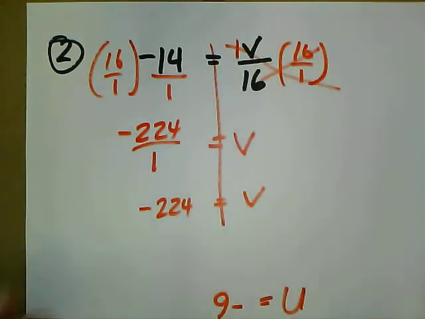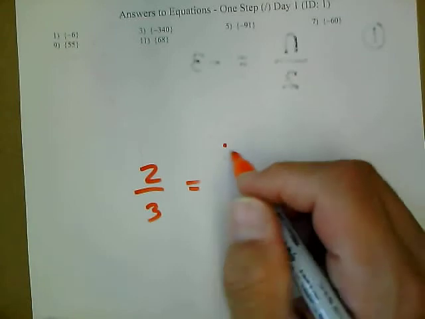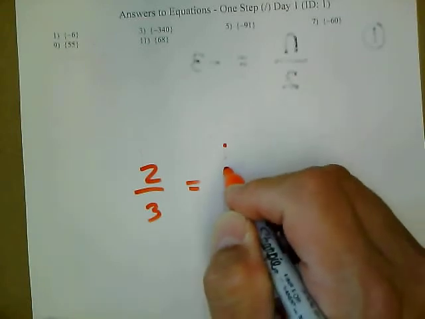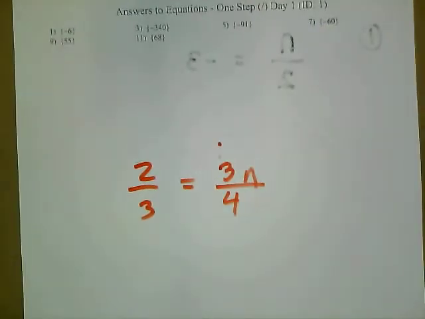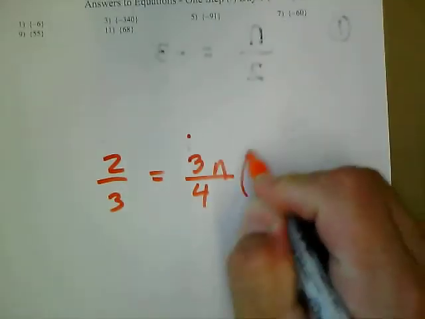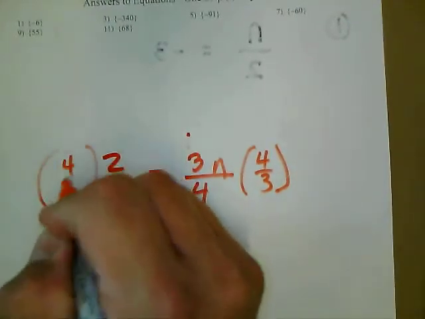But when we get to having fractions, for instance, if I have 2/3 equals, let's say, 3/4 n, how do I get rid of that? Well, I have to multiply by 4/3, and I have to do that over here.